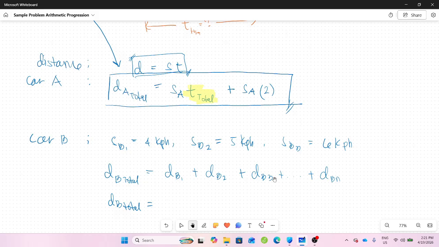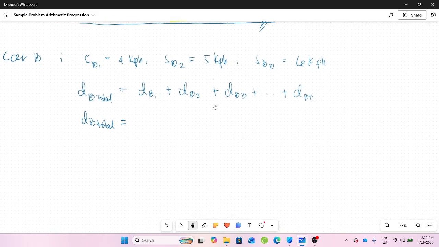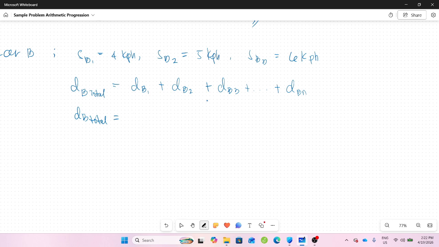So this becomes the speed of car B1 times the time, which is just constant, T1, 1 hour, plus again the speed of car B2 times T1, plus the speed of car B3, the speed after 3 hours, times T1, and so on and so forth.